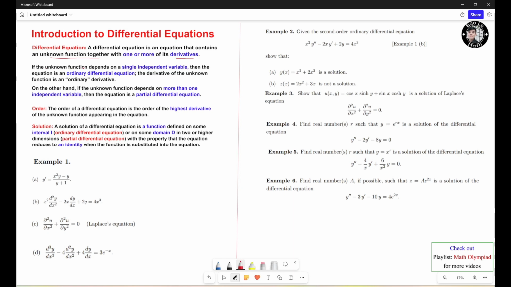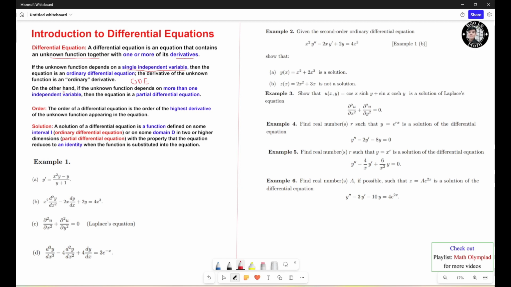If the unknown function depends on a single independent variable, then the equation is called an ordinary differential equation. We call it ODE. The derivative of the unknown function is an ordinary derivative.